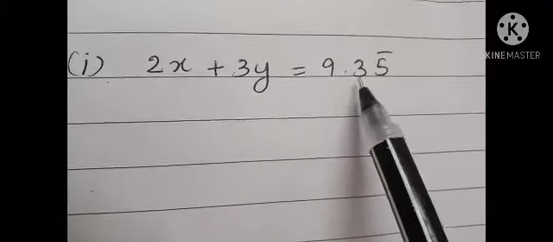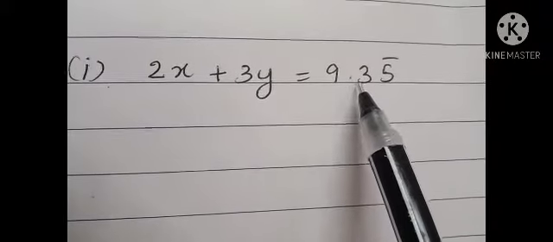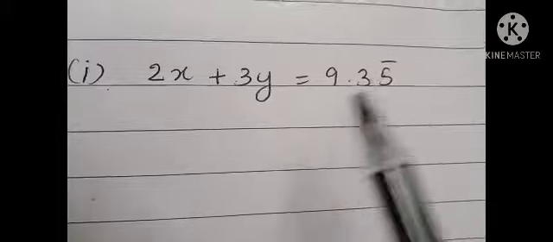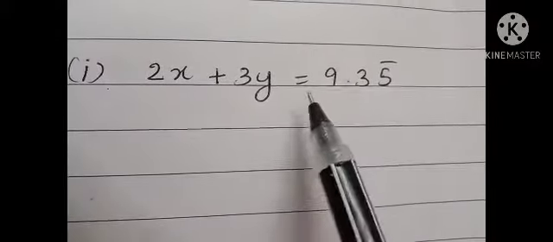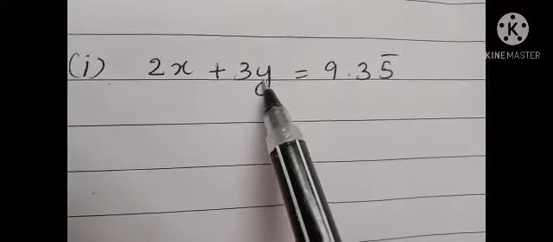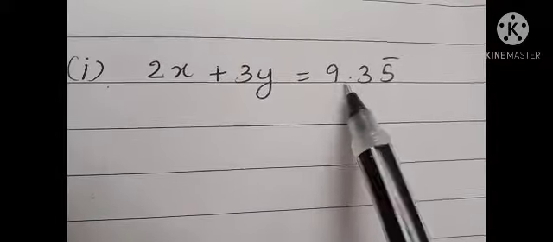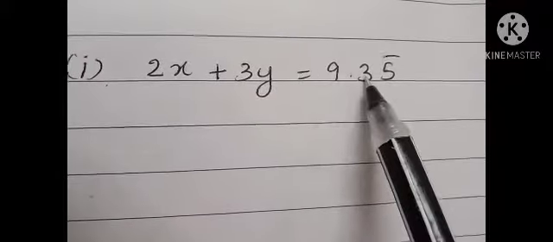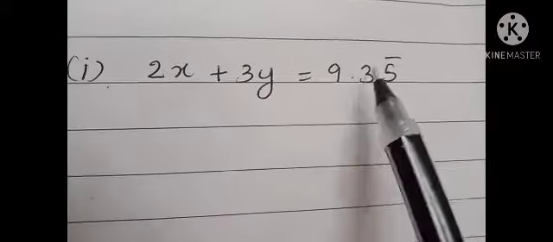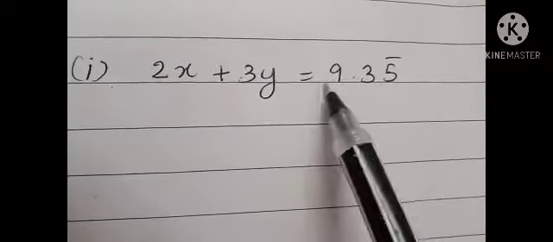So here we have to write this in the general form of a linear equation in two variables, that means ax plus by plus c equals 0. Here the term with x and the term with y are on the LHS, but the constant term 9.35 bar is on the RHS. So we have to transpose this to the LHS and get the RHS as 0.